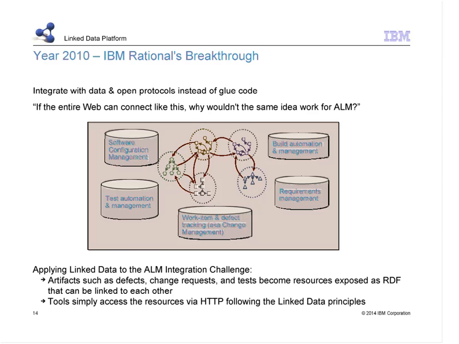So the basic idea here is that instead of having each product have a specific interface and a way to access it, the idea is to turn each product into essentially both an HTTP server and an HTTP client. All the data that you have in that product is exposed as linked data and becomes accessible to other products. And vice versa, when you need to access information from another product, you can just act as an HTTP client and go access this information by connecting to the server that owns it.